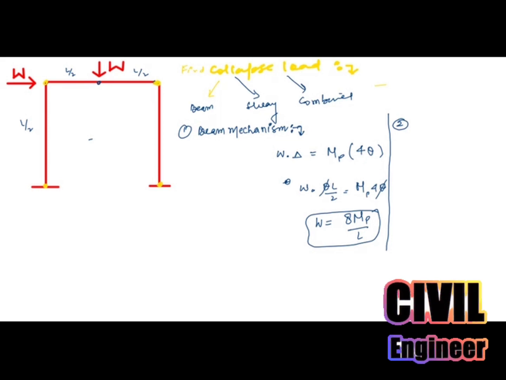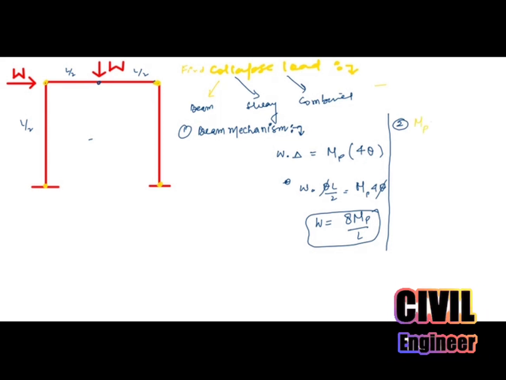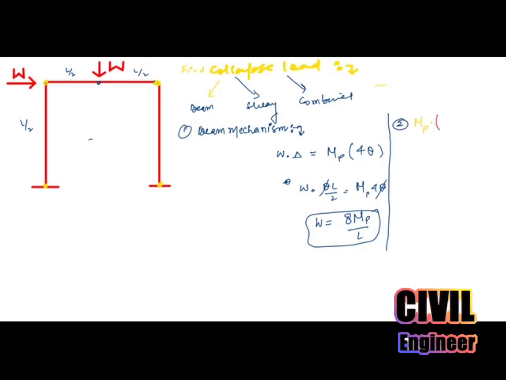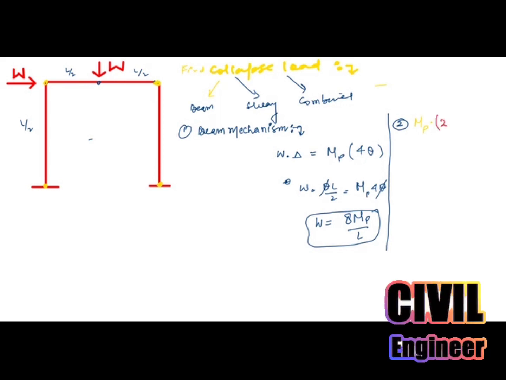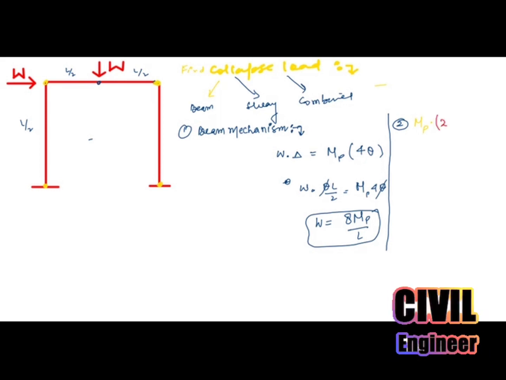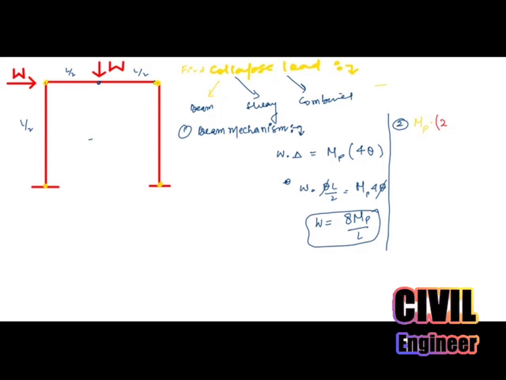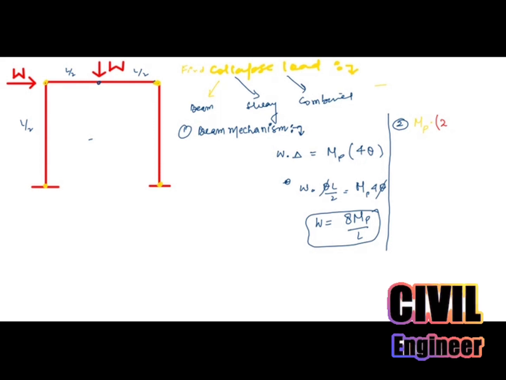Then our MP times how many thetas? Two thetas? Not two, three thetas. Sorry, four thetas. Four MP theta will be equal to W into theta L by 2.